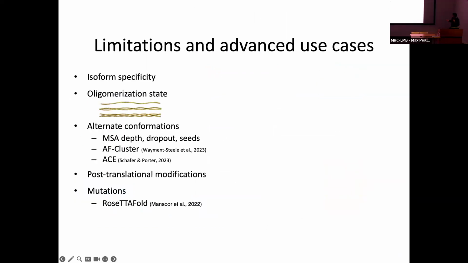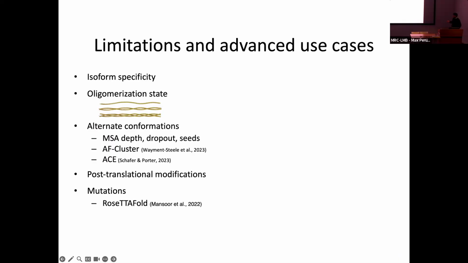Okay, limitations and advanced use cases. Isoform specificity is a problem. Let's say you've got two proteins which are isoforms of each other. One isoform is binding to your kinase. The other one is not supposed to bind. If you put it through AlphaFold, it will show you that it's going to bind, just because there is some bias towards the other isoform, which is also in the PDB where it was trained.